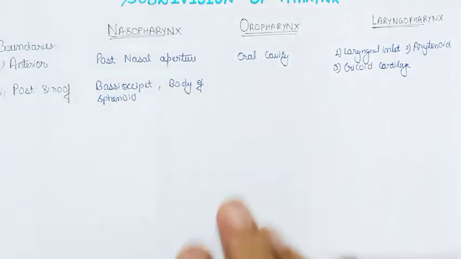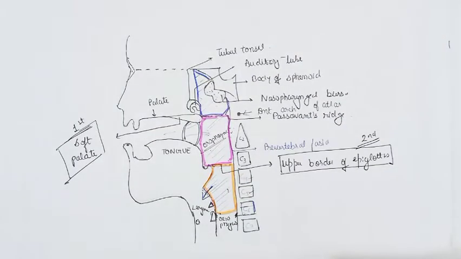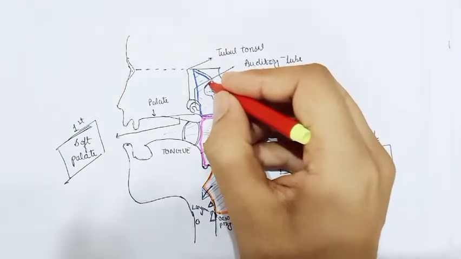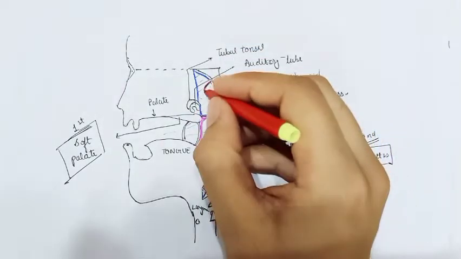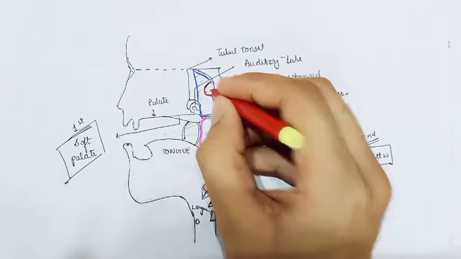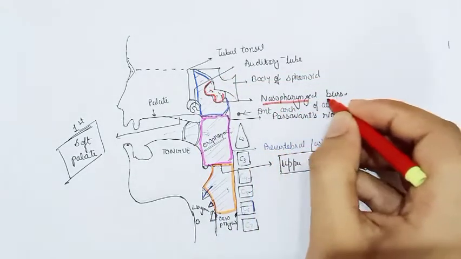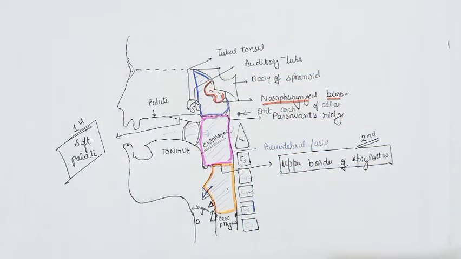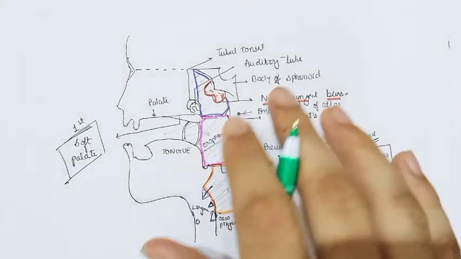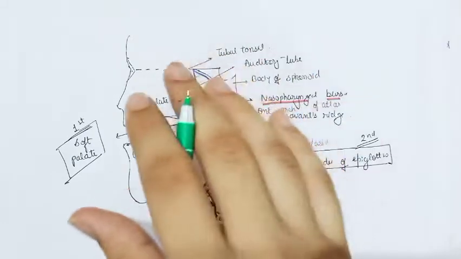There is one particular feature of the posterior wall of the nasopharynx, that is the presence of the nasopharyngeal bursa. Where is it located? As you can see in the posterior wall, just below the body of sphenoid, you can see here a bursa that is called the nasopharyngeal bursa. Near the nasopharyngeal bursa, one more structure is present, that is the nasopharyngeal tonsil, which is more prominent in children but not in adults.